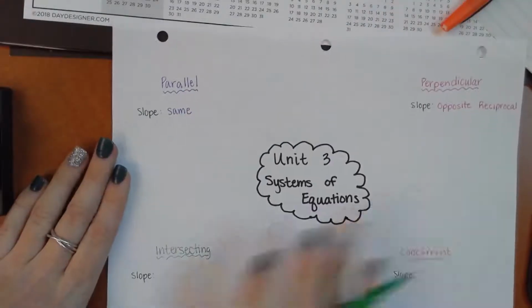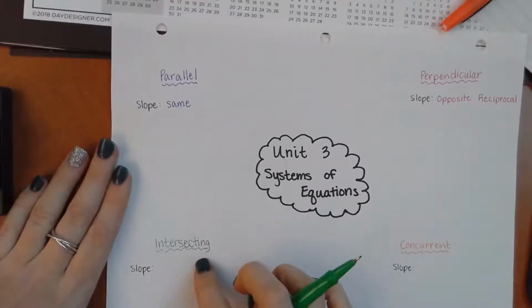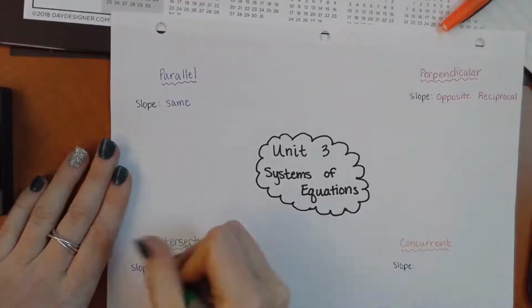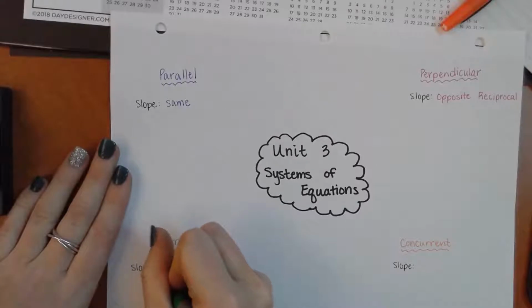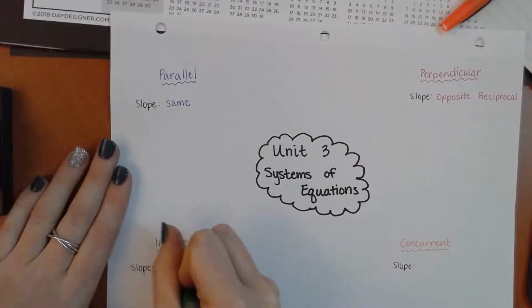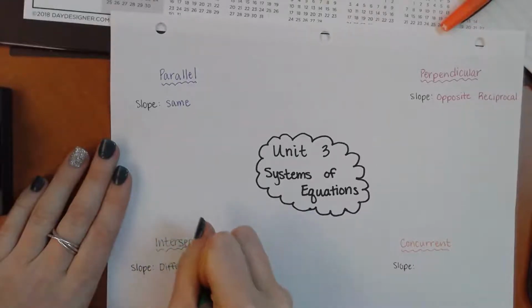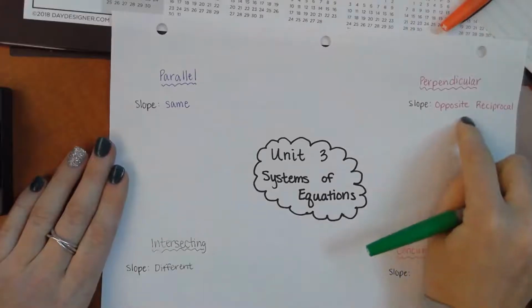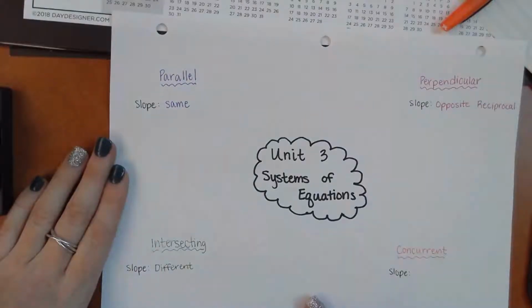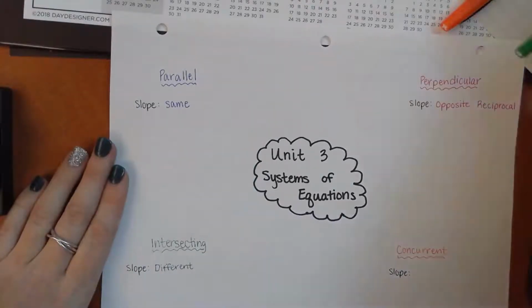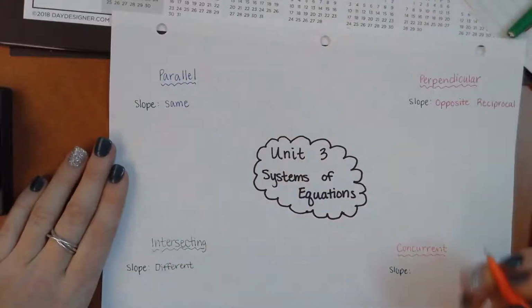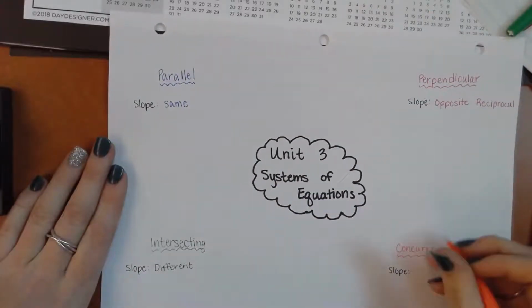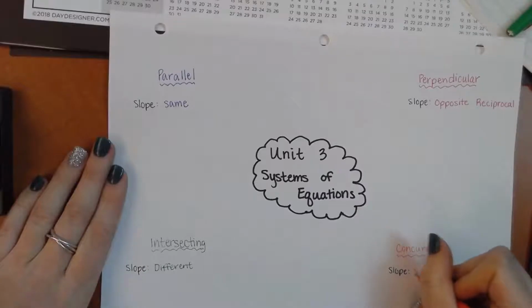Then for intersecting systems, your slopes are going to be different, like completely different. They're not going to be this opposite reciprocal. And then for concurrent, they are going to be the same.